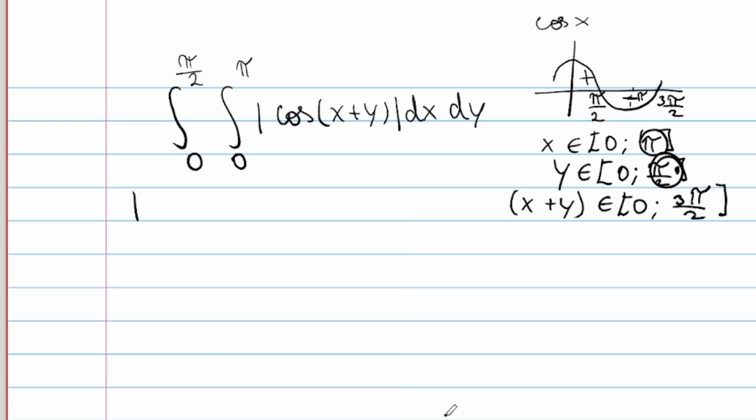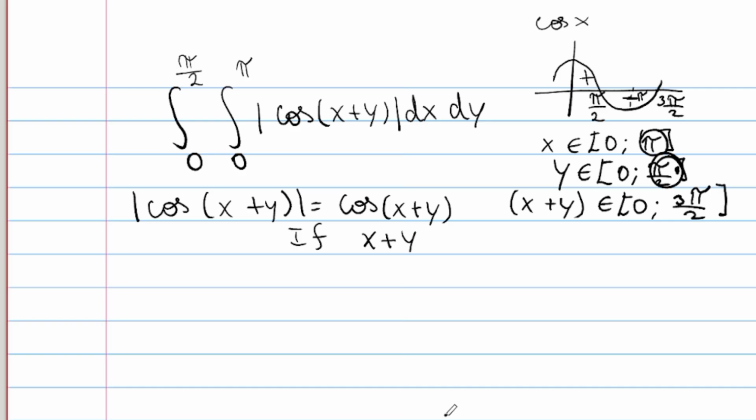The absolute value of cosine of x plus y is equal to cosine of x plus y if x plus y is less than or equal to pi over 2. As we see here, if we have something less than or equal to pi over 2, of course it is positive.